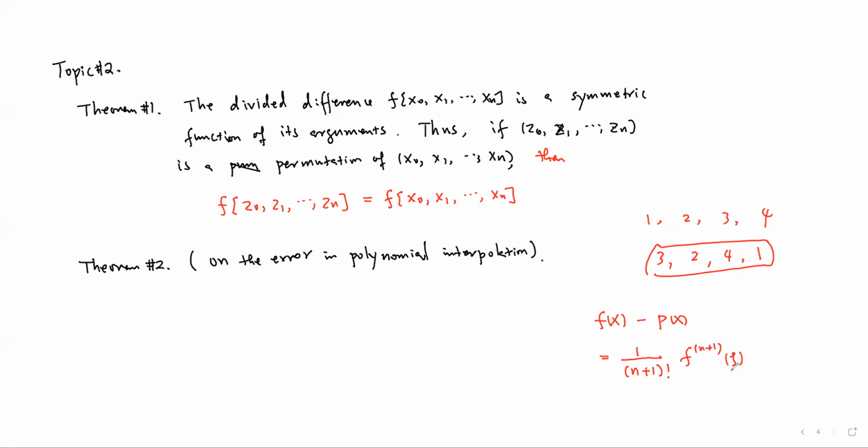Psi is some point, times the product over i from 0 to n of (x minus xi). Yeah, xi, not xk.